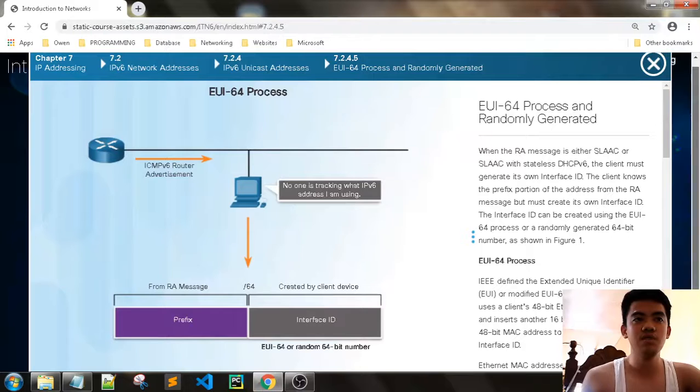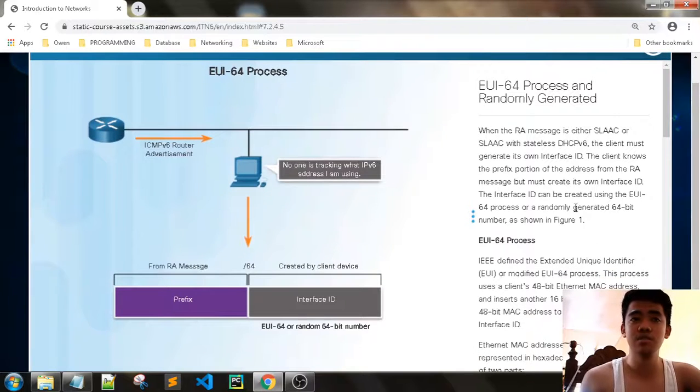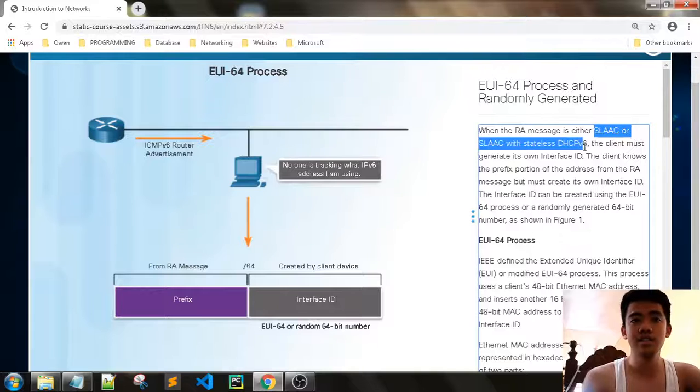We also have the EUI-64 process for generating the interface ID. In SLAAC or SLAAC with stateless DHCPv6, they only provide the prefix and prefix length, so the interface ID would be provided by the device itself.